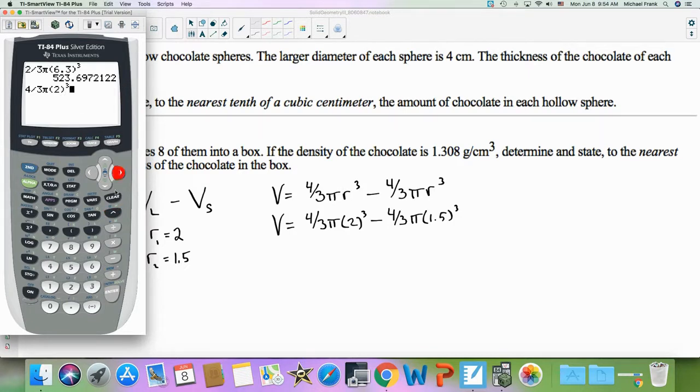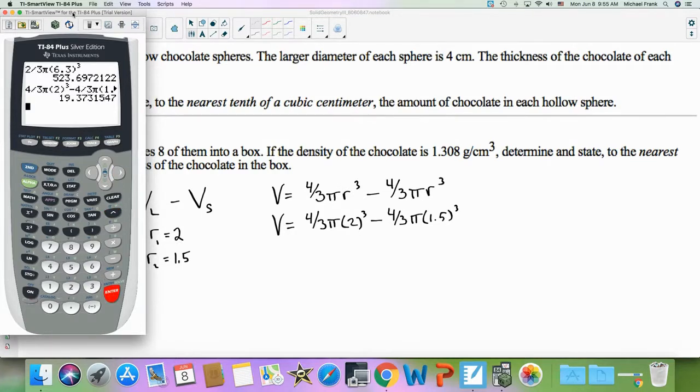You hit the right button. And I'm going to subtract from that 4/3 pi 1.5 to the third power.